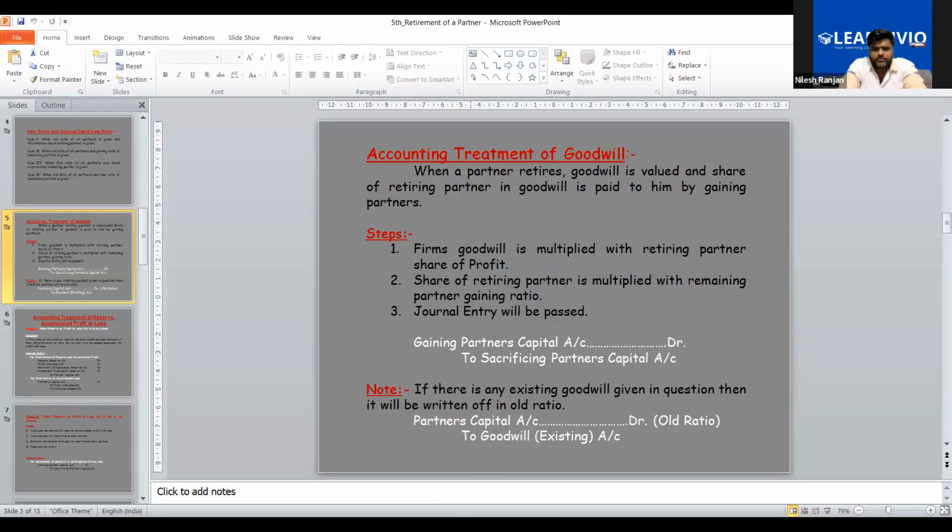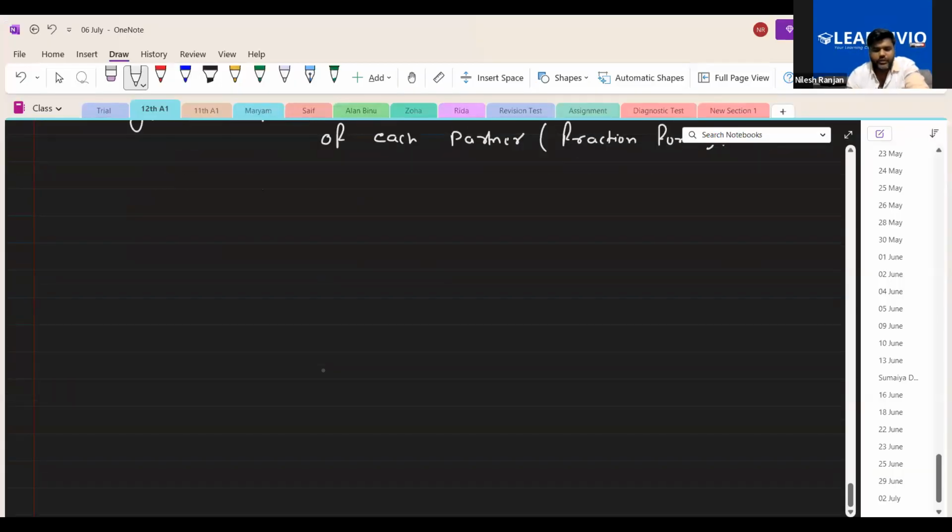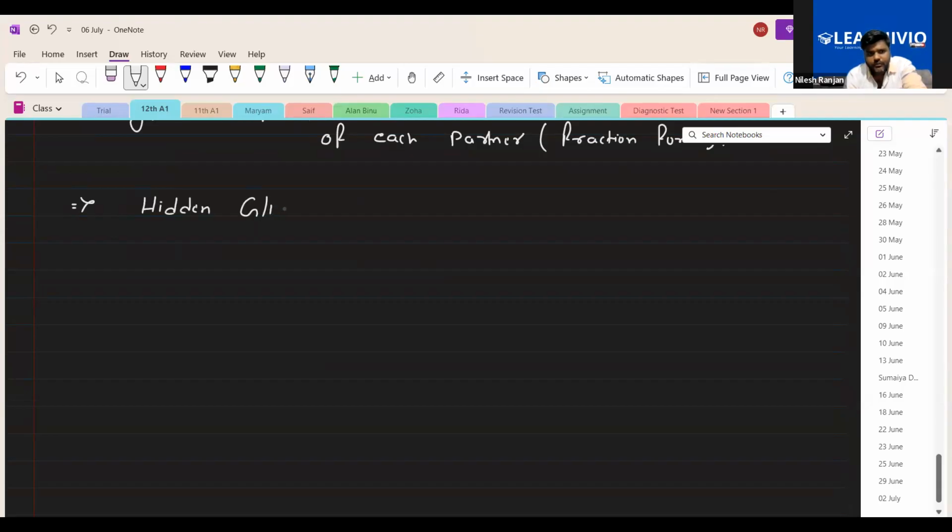Done, sir. Okay. So there is a concept of hidden goodwill. We have also completed this part in admission, but here it is a little bit different. Hidden goodwill. Now, how does it work?